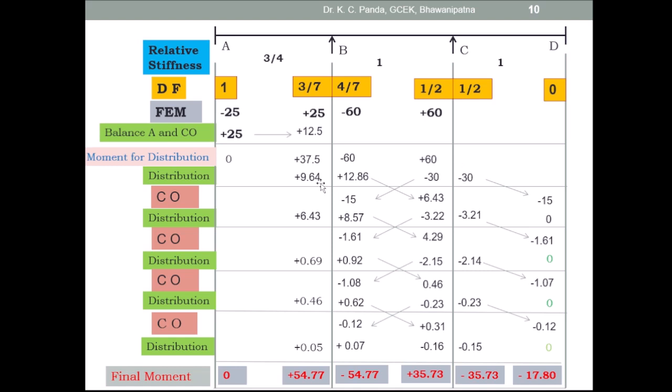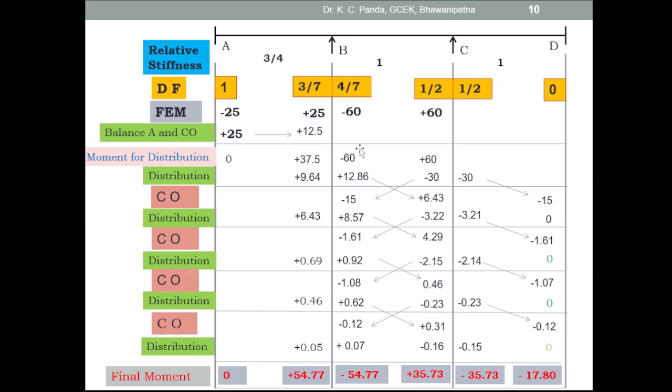Then distribute or balance the moment at the other joints, that is at B, C and D. So here you know the moment for distribution, and distribute the unbalanced moment at joint B and at joint C. So at joint B, the unbalanced moment is 37.5 minus 60, and this moment you have to balance by multiplying with the distribution factor.